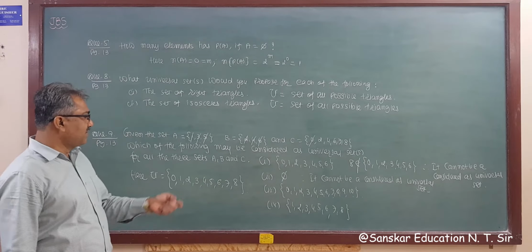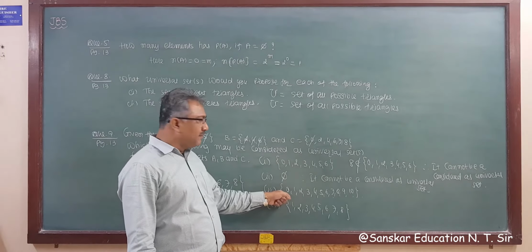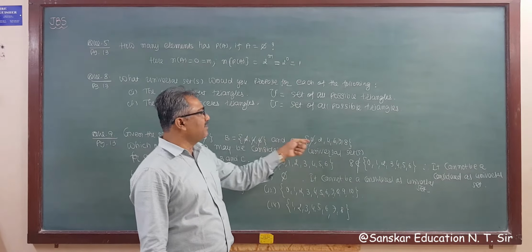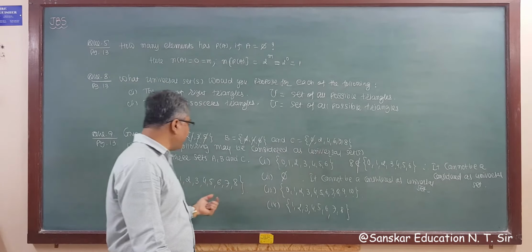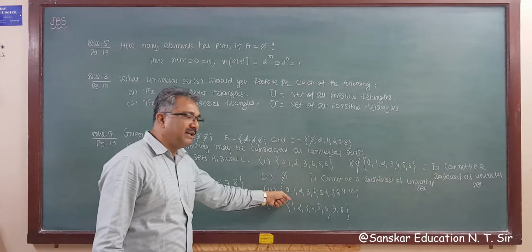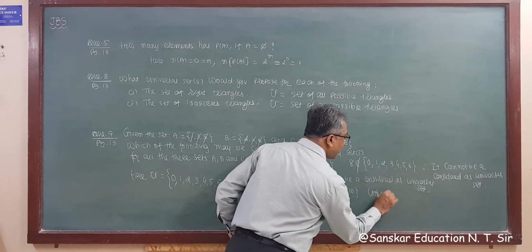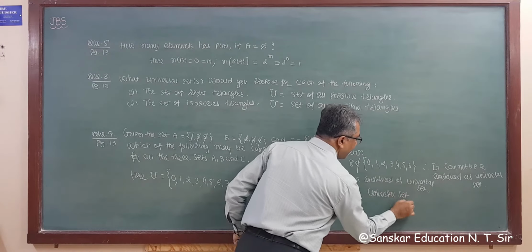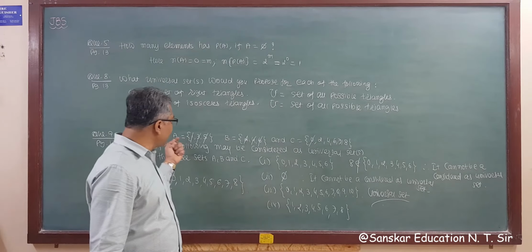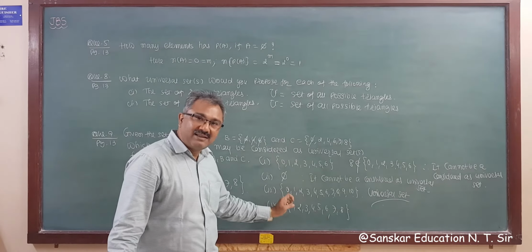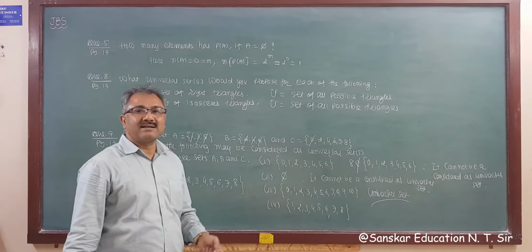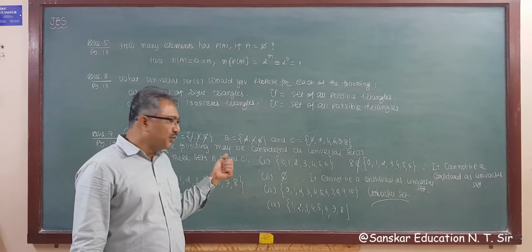Right? So this is considered a universal set for all of A, B, C, because all elements of A, B, C are contained in this set. So this set is considered a universal set.